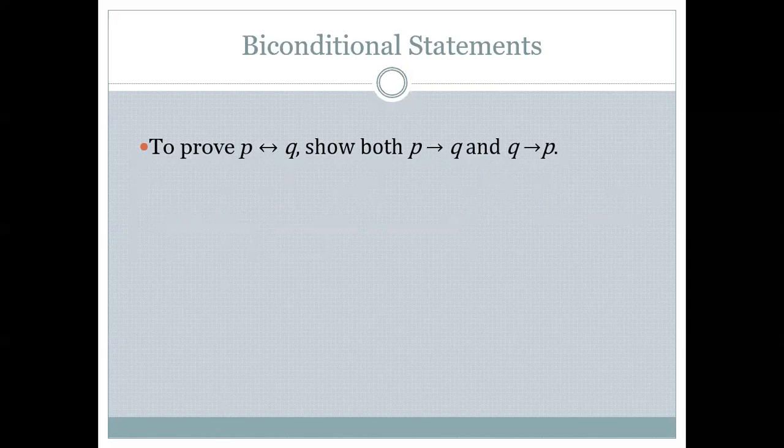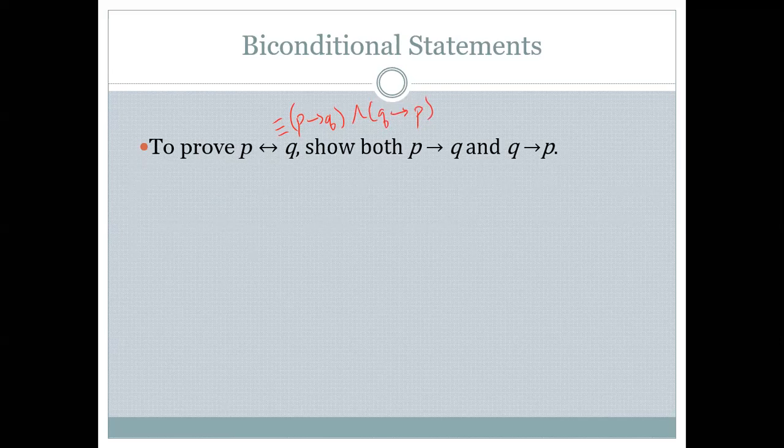Q implies P. And that all comes down to the fact that this thing is equivalent to P implies Q and Q implies P. That's literally what the if and only if means, okay? The biconditional. So a biconditional statement will have two sections to the proof, working from P to Q, and then the second half working from Q to P, all right?